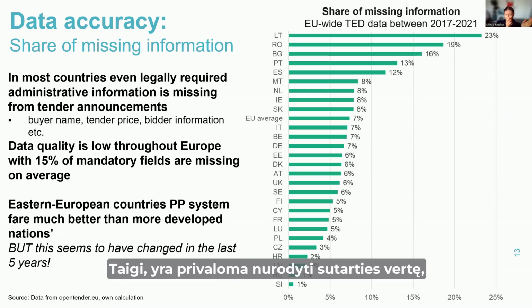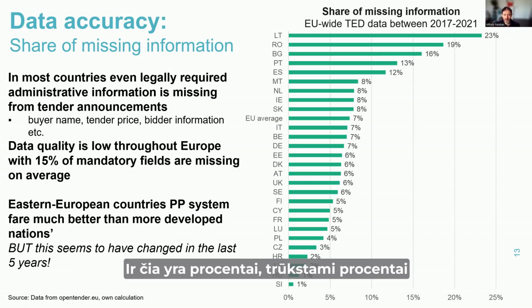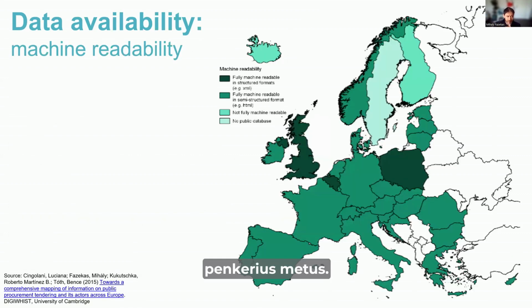So contract value required, does the public record include a number where contract value should be or not, right? And here are the percentages, the missing rates per country. The EU average is 7%, so that's not dramatically high, but there is quite some variation, and this changed quite a bit over the last 5 years.